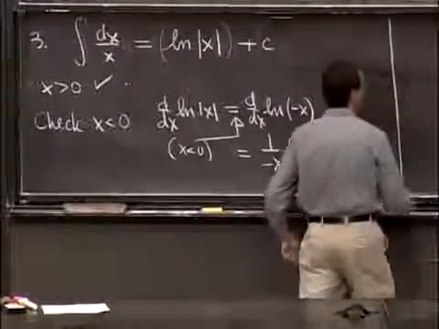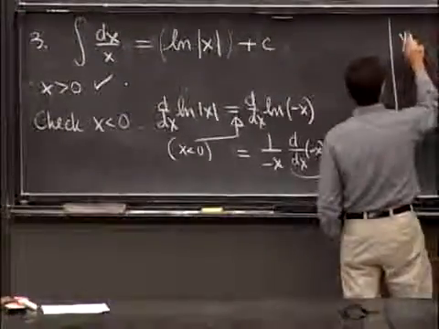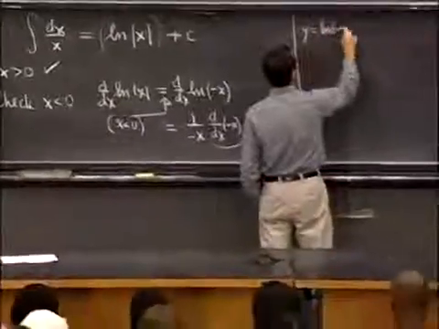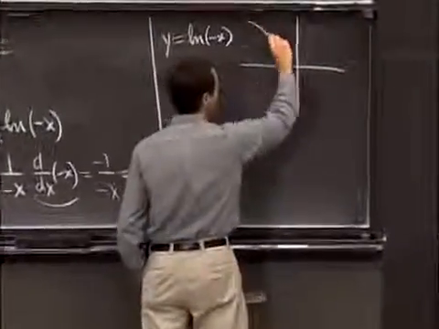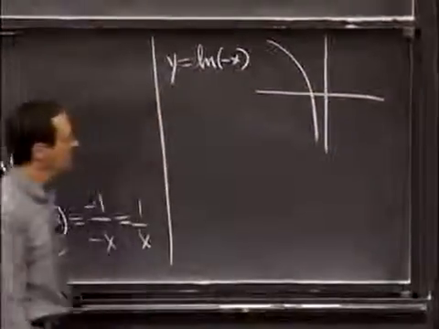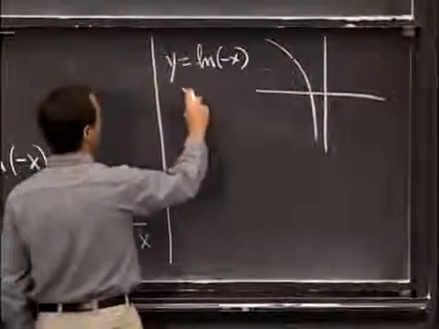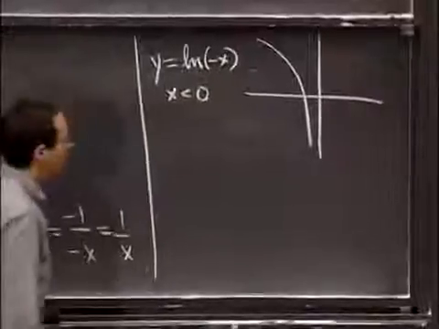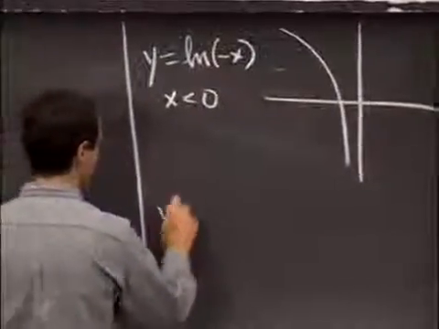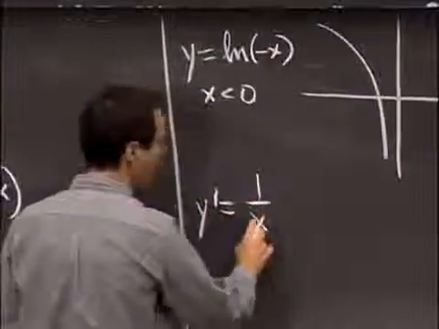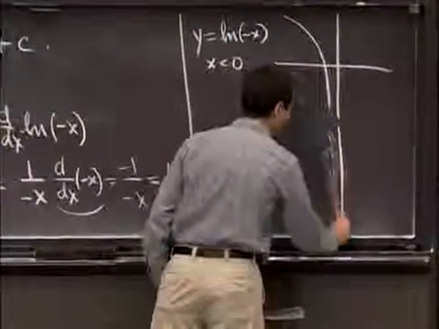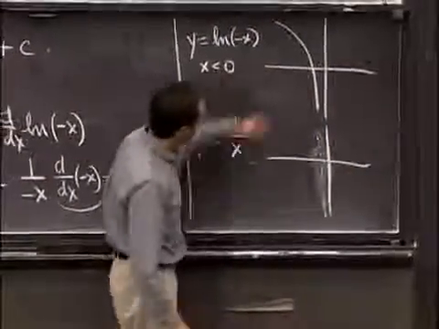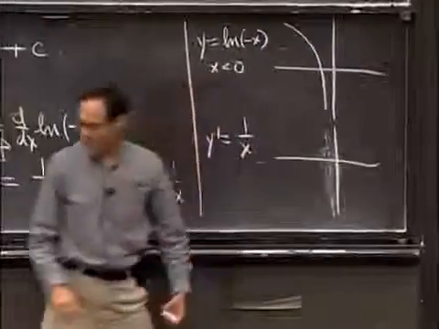If you just keep track of this in terms of log negative x and its graph, that's a function that looks like this for x negative. And its derivative is 1 over x, I claim. And if you just look at it a little bit carefully, you see that the slope is always negative.